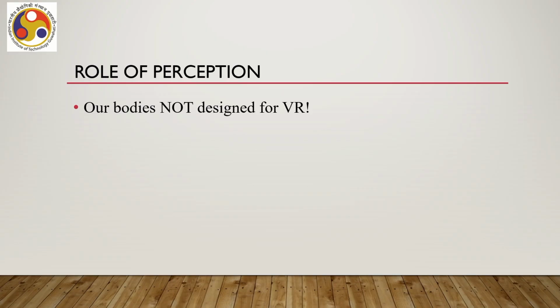The fact is that our bodies are not really designed for virtual reality, that is, designed to perceive an artificial, virtual world. Our body organs are designed to perceive the world around us, which we call the real world. So, they are not designed to perceive a virtual world.